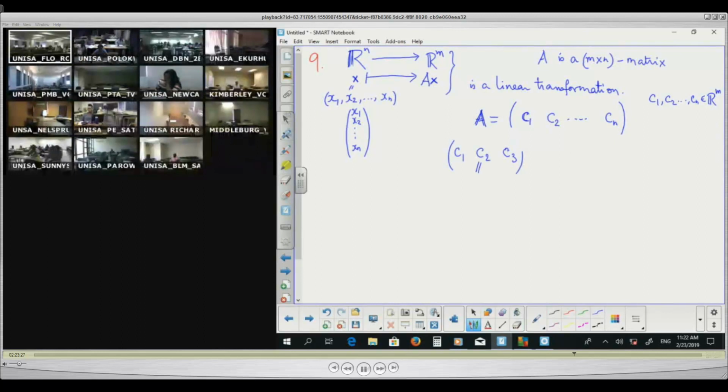So you have a matrix which looks like this.